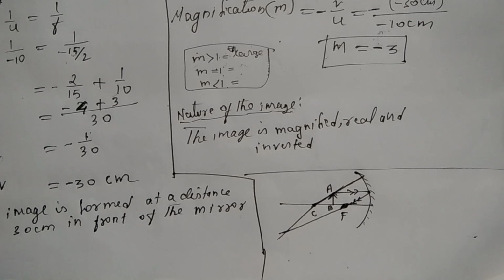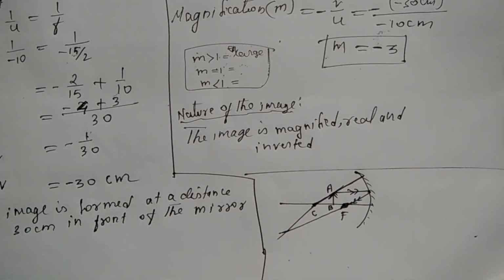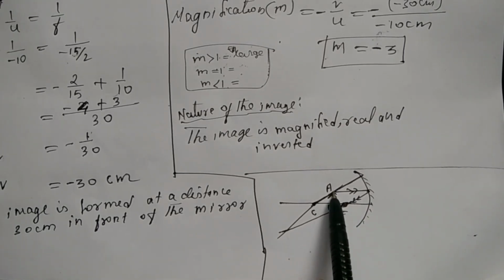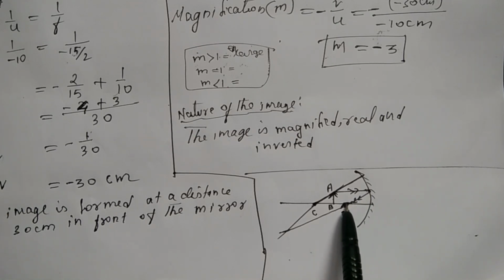So if you want to draw the ray diagram for this question, it should be like this. The object is placed between C and F. This is the object. The ray from this object travels this side and strikes the mirror. After striking the mirror, it will reflect. This is the reflected ray.